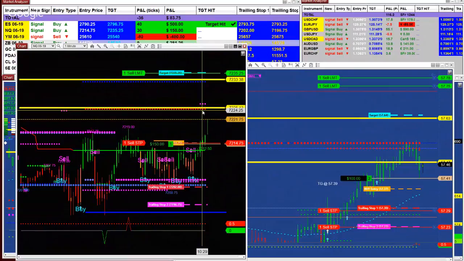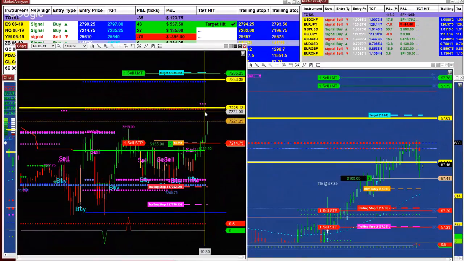I'm okay on one trade. We nailed you $150. There is a double resistance here, so your maximized profit on that is 7224, folks. 7224, and the Nasdaq is going to slam. So be careful with that area, folks.